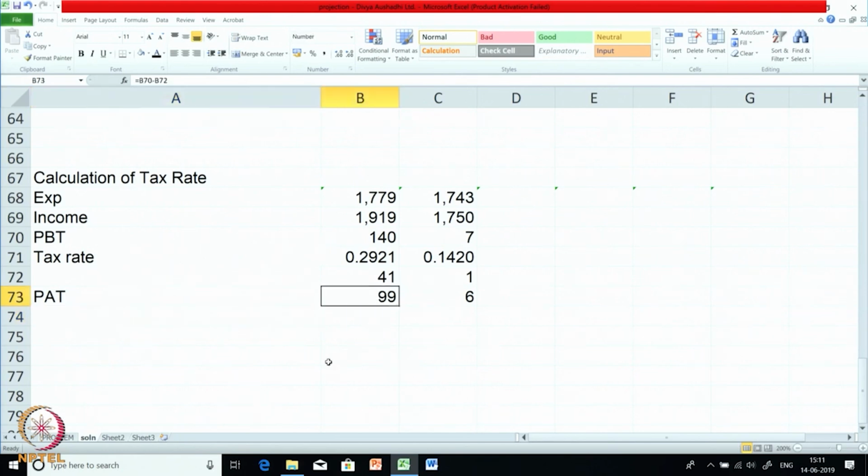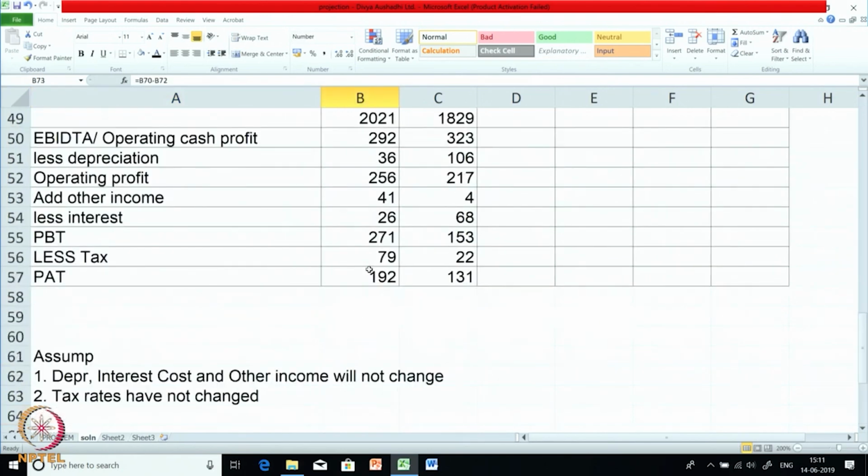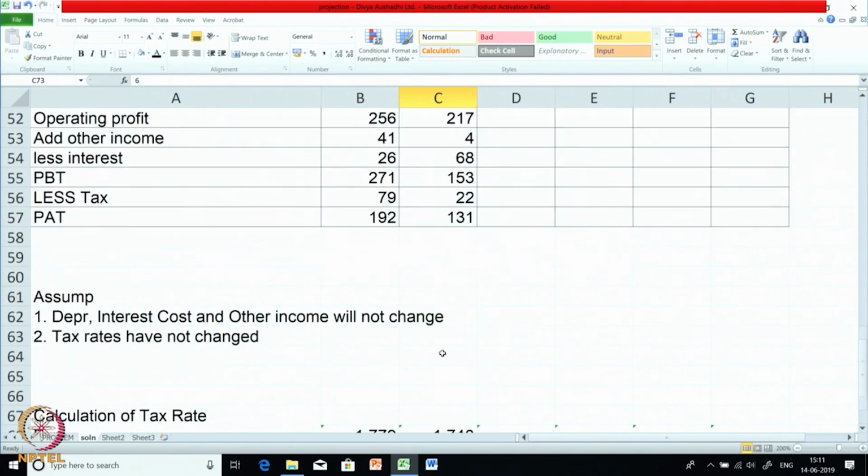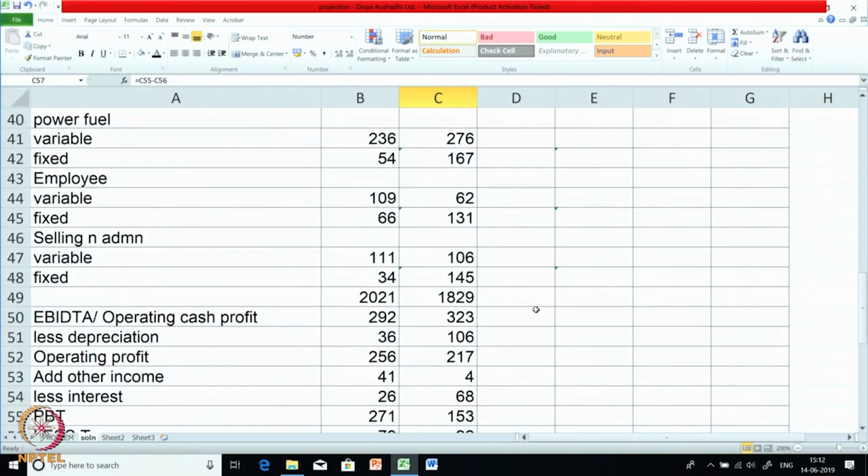So PAT for P was 99, it has increased to 192. We are happy, it is almost double. But for Q it was only 6. From 6 it has become 131. That means how many times has it increased? Almost 20 times. So substantial increase has happened for Q.